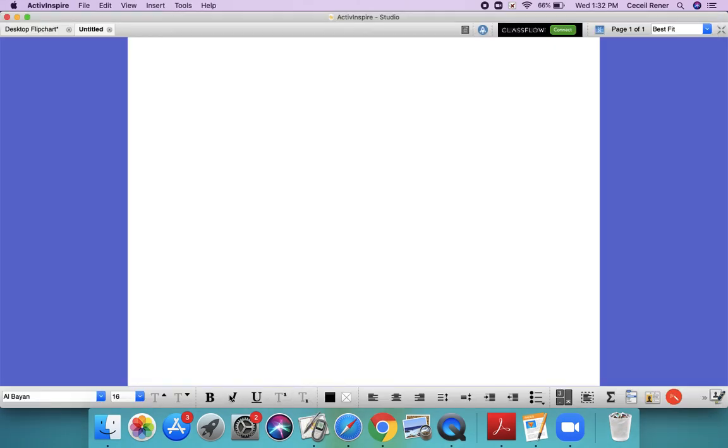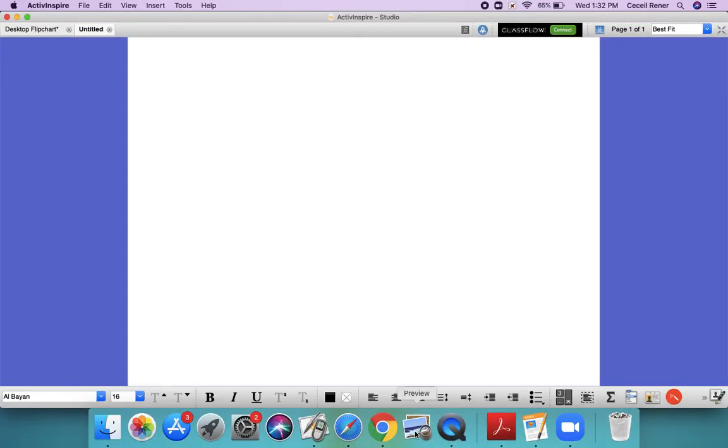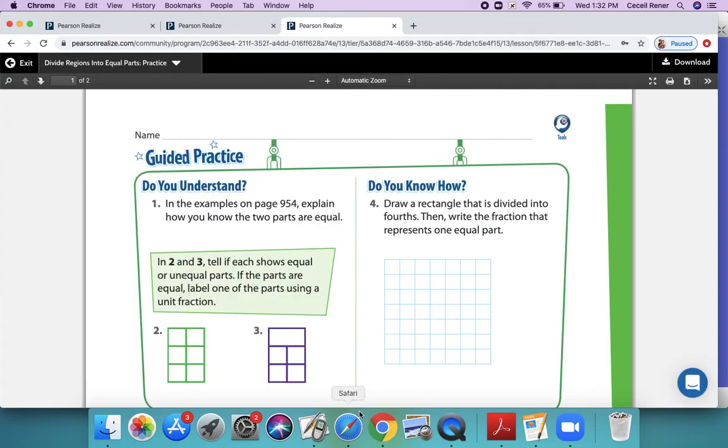So I'm going to draw a fraction that is going to be divided into fourths.